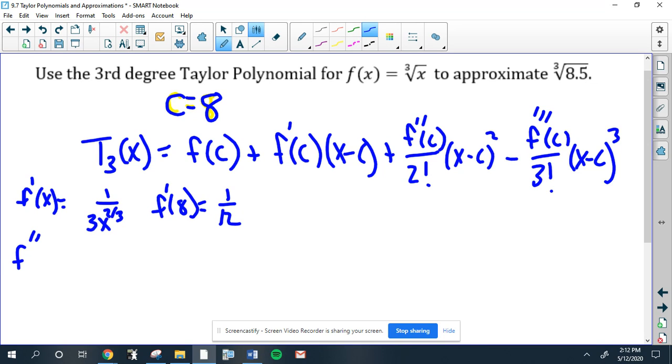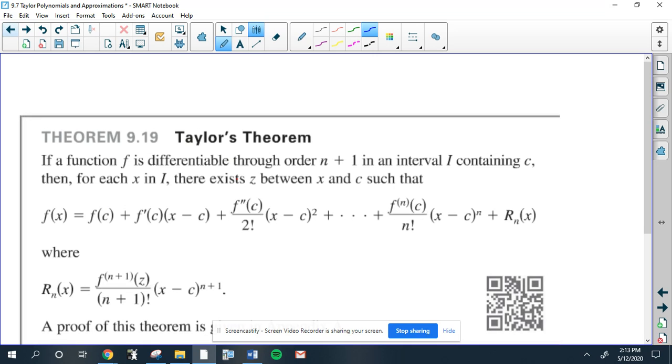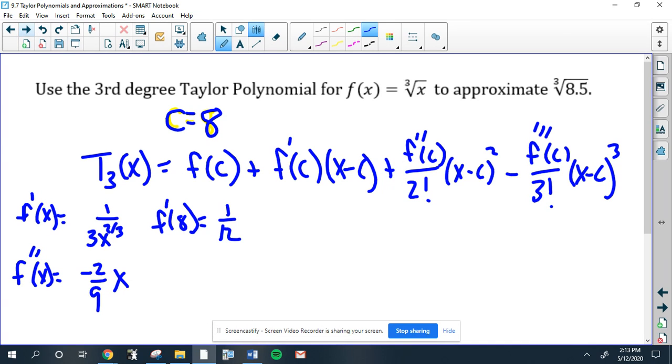Second derivative would be, so we're at x to the negative 2/3 over 3. So you multiply by the 2/3, we're getting negative 2/9 times x to the negative 5/3, so over x to the 5/3.